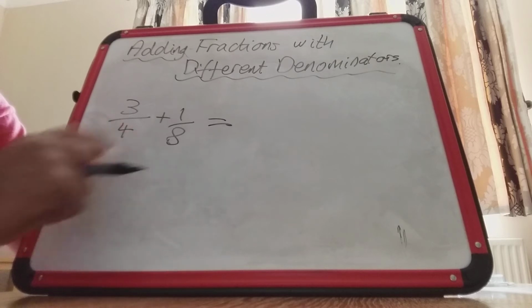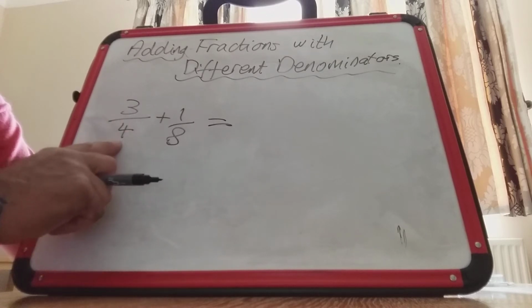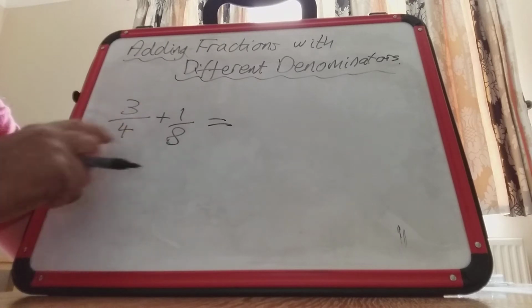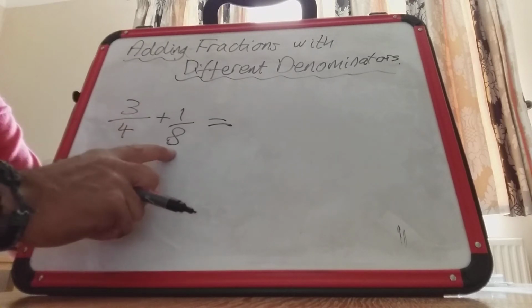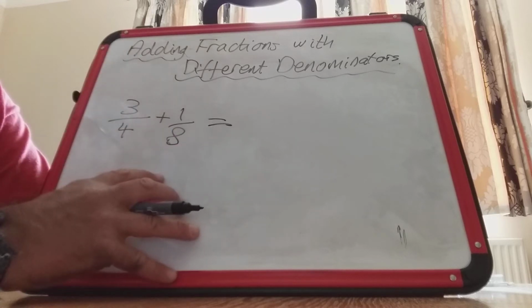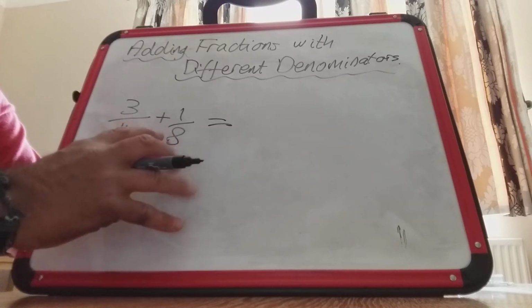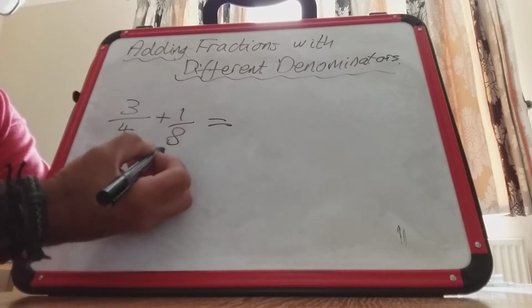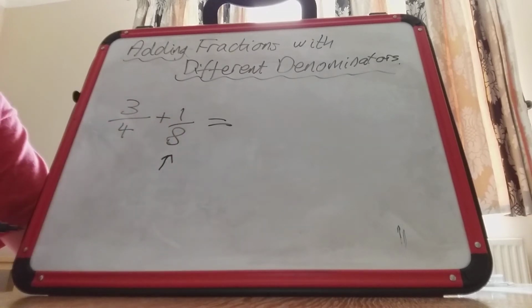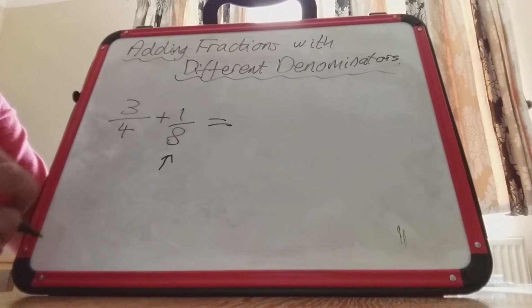Right, 3/4, 1/8. What we've got to do is either make everything quarters, or make everything eighths. And usually, not always, but usually, you go for the biggest denominator.